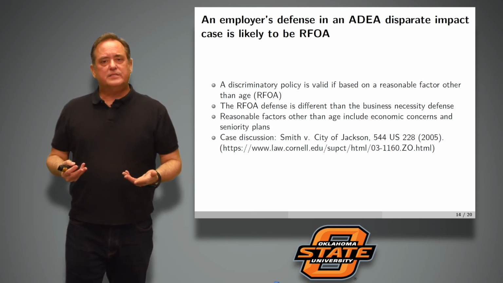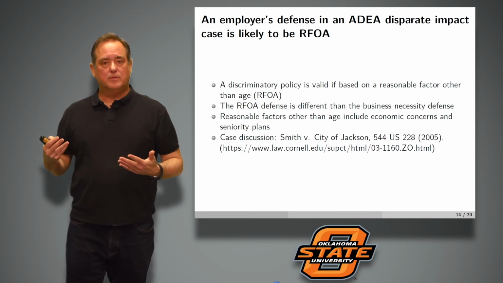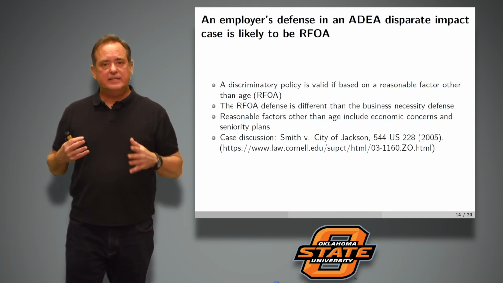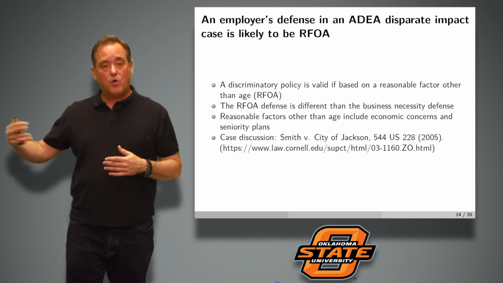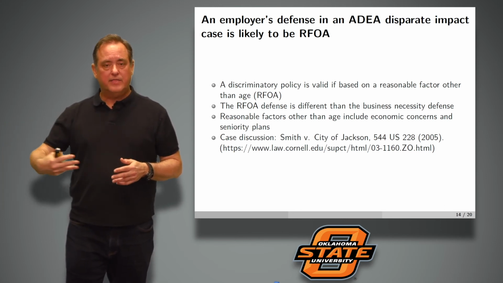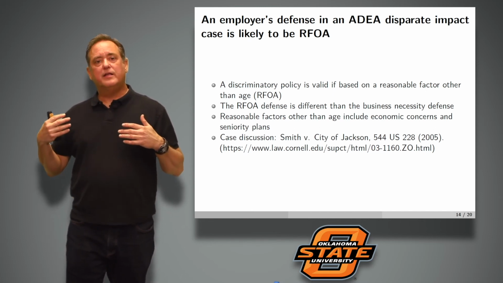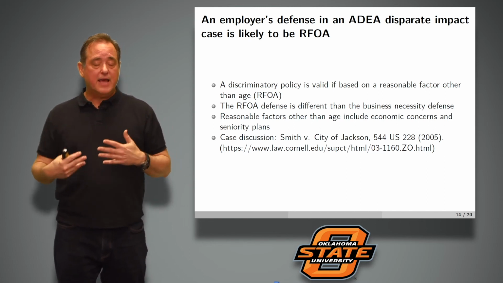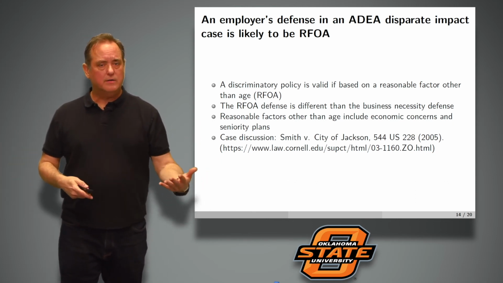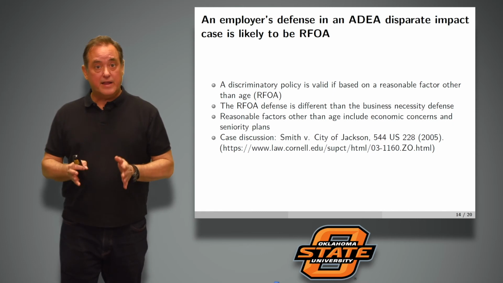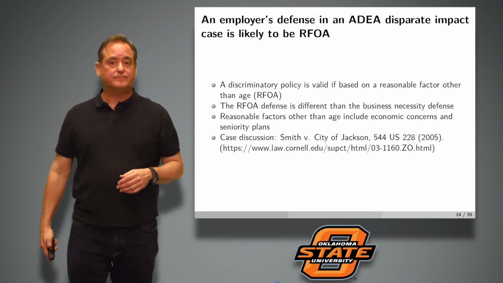The case goes all the way to the Supreme Court. And ultimately, the Supreme Court agrees with the city of Jackson. This is a reasonable factor other than age. They were worried about losing their investment in these new employees, and therefore it was justifiable that they had a policy that paid people more if they were in that category of people most likely to leave.